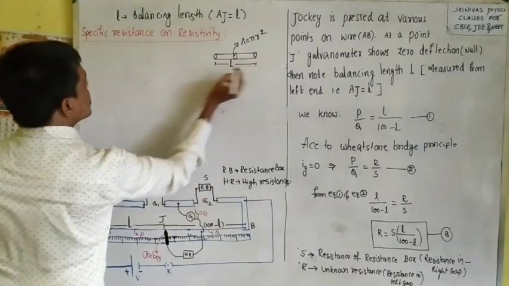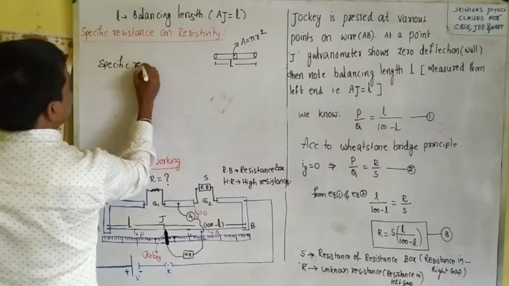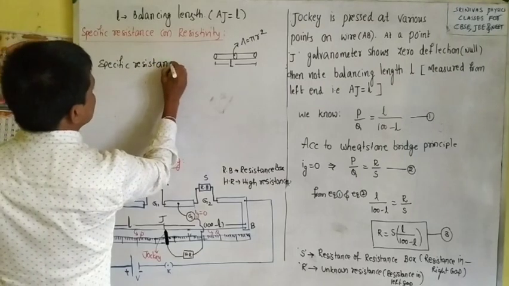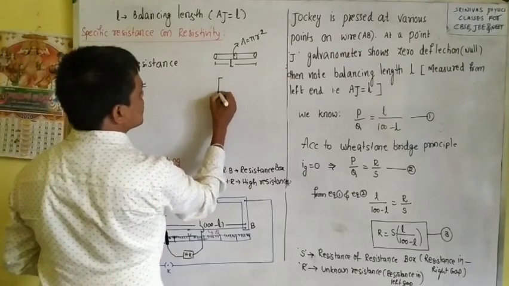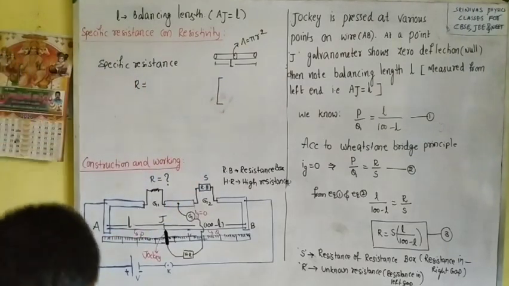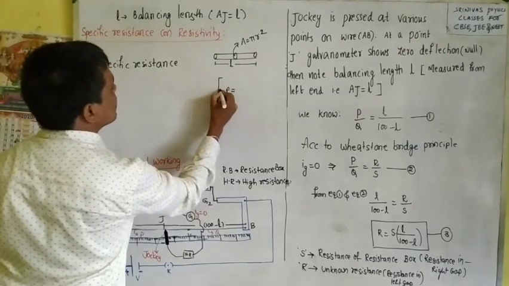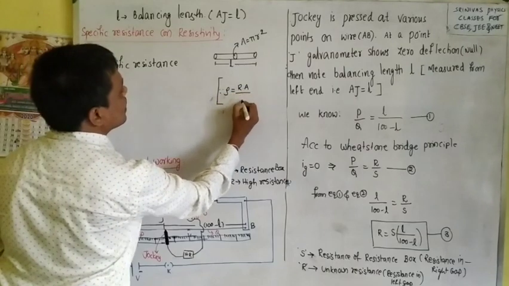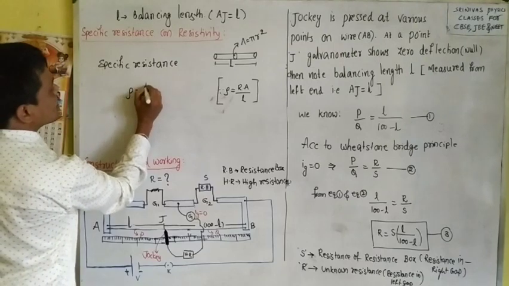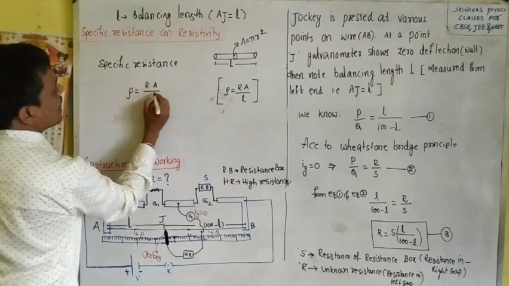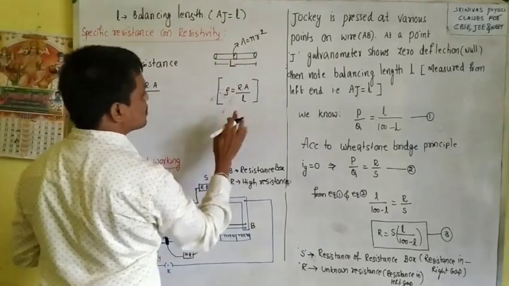The specific resistance is denoted with rho. Rho is equal to RA by L. This is the formula for specific resistance. Here R is R, A is A, and L is the length of the wire. Here we take capital L. Why can we not take small l?